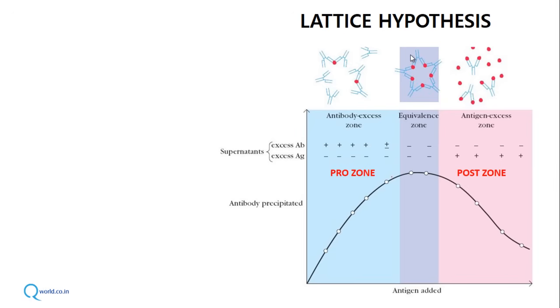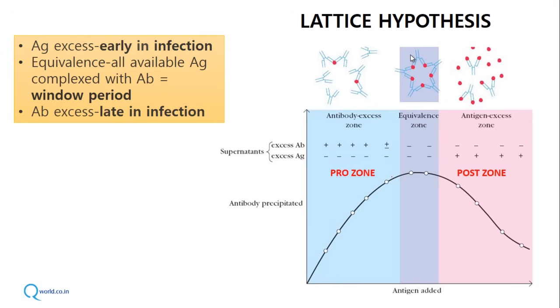The same thing happens with antigen excess. The antibody binding sites are saturated by too much antigen, and it cannot create a lattice. The lattice is only possible if antigen and antibody are in almost equal proportion. So this is known as the zone of equivalence.